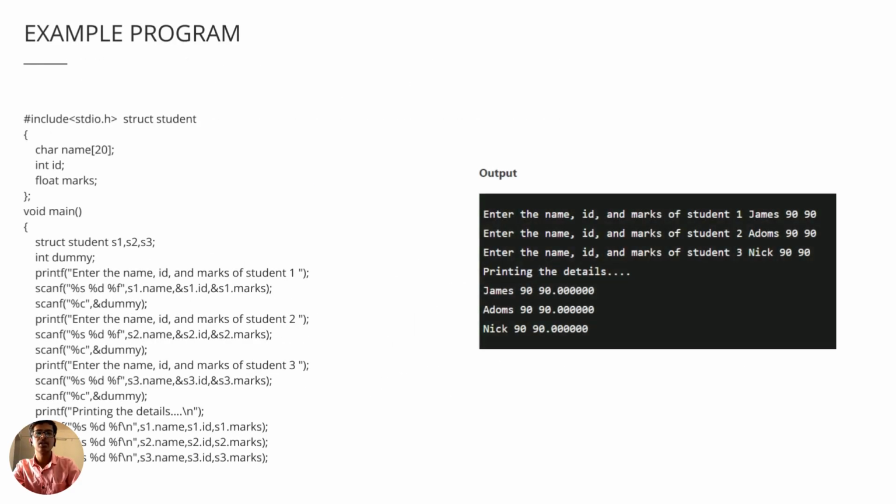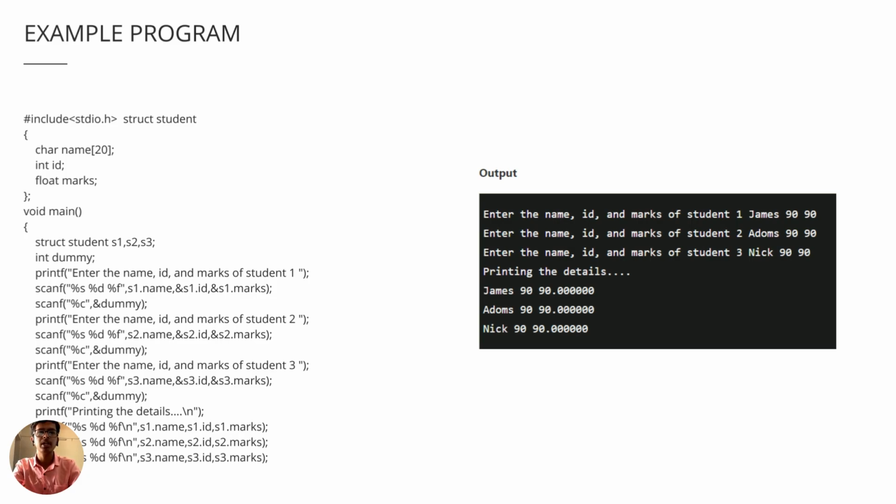Next, we can see the example program here. #include <stdio.h>, char name of size 20, int id, float marks. That means we are getting the data of a student: name and how many marks he got. Next, struct student s1, s2, s3, int dummy, printf.